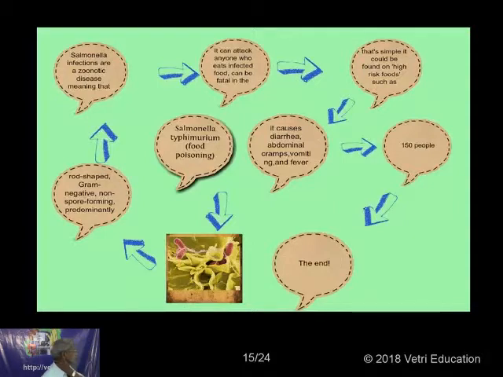Salmonella typhimurium is highly responsible for food poisoning. Salmonella infections are a zoonotic disease. It can attack anyone who eats infected food, and it can even be fatal. It can be found in high risk foods, which means food that is highly contaminated.